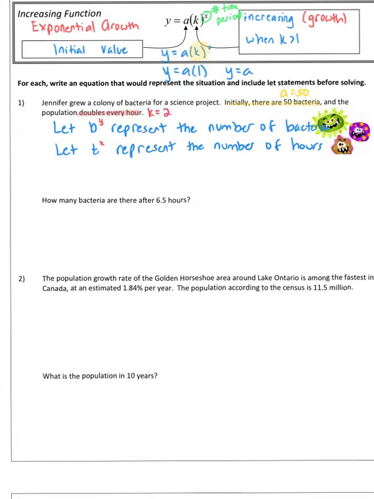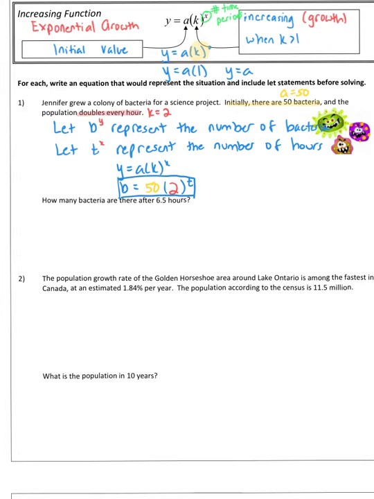Therefore, we want to set up our equation. The general form is y equals a k to the x. Here we are using B for y. a is 50, k is 2, and that is to the exponent t. And that is the equation for the first problem.